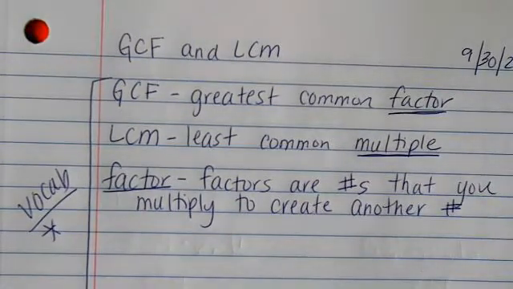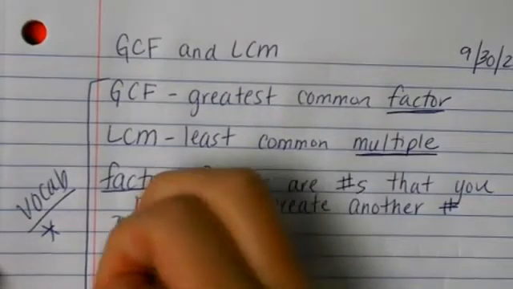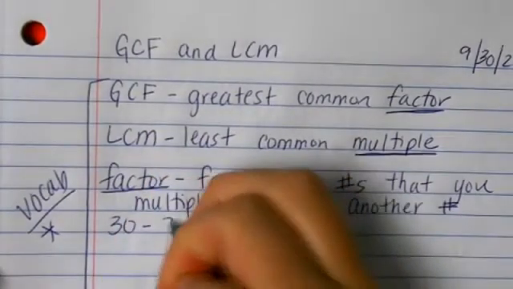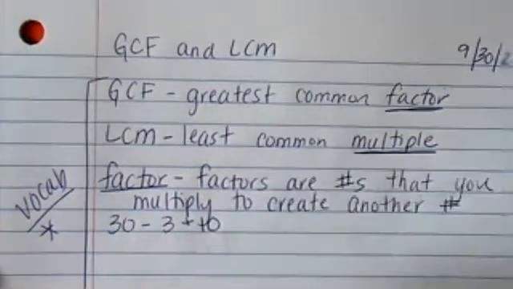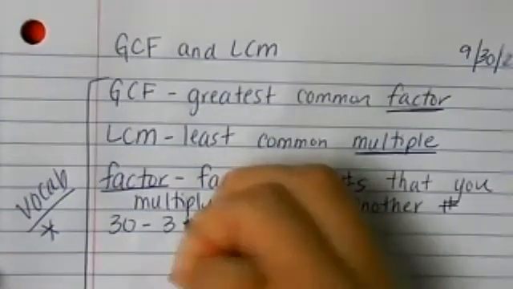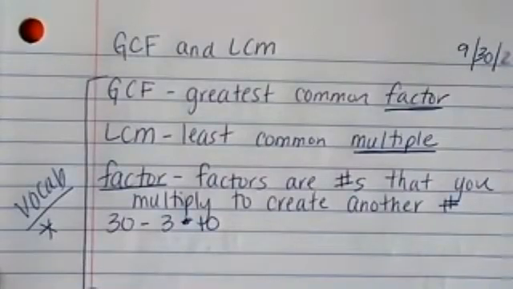So when I talk about factors of 30, I'm talking about all the numbers that I can multiply to make 30. So factors of 30 include 3 and 10, right? Because 3 times 10 is 30. So those are factors of 30.